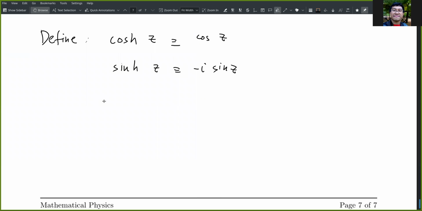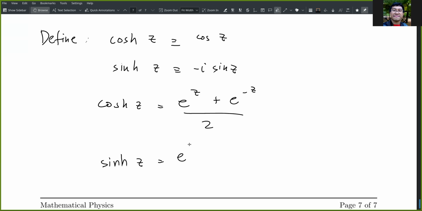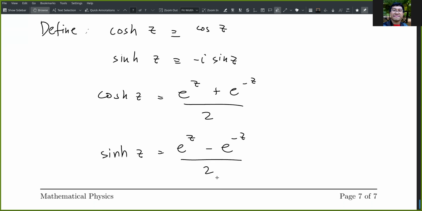So in this case, from our formula, we have cosh z equals e^z plus e^(-z) divided by 2, and sinh z equals e^z minus e^(-z) divided by 2.